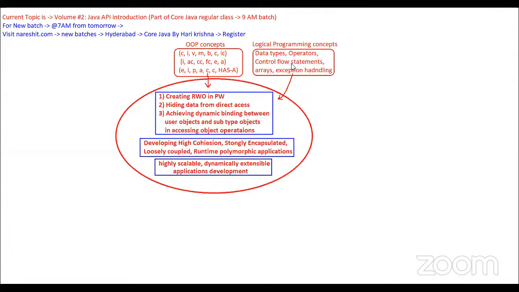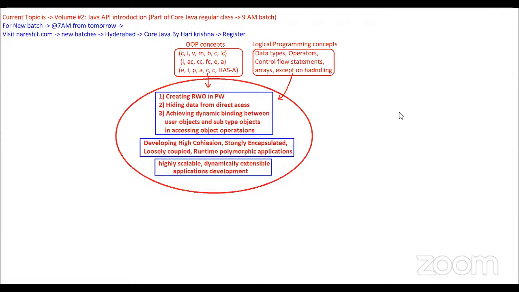First two topics, tell me. We have clearly learned these object-oriented programming concepts and these logical programming concepts. Then by using object-oriented programming concepts and logical programming concepts, we can write a program and develop any task. But listen carefully to the problem we have identified while developing Java objects.